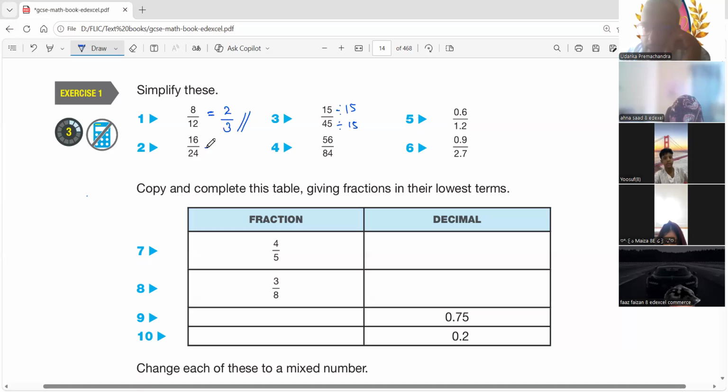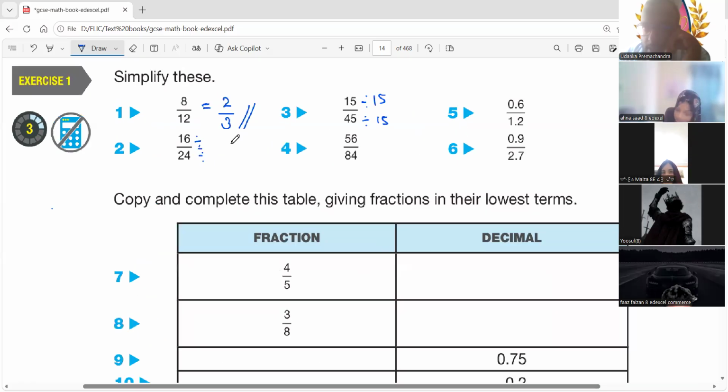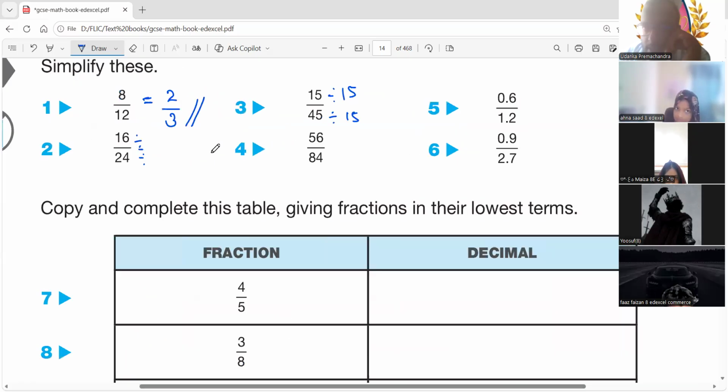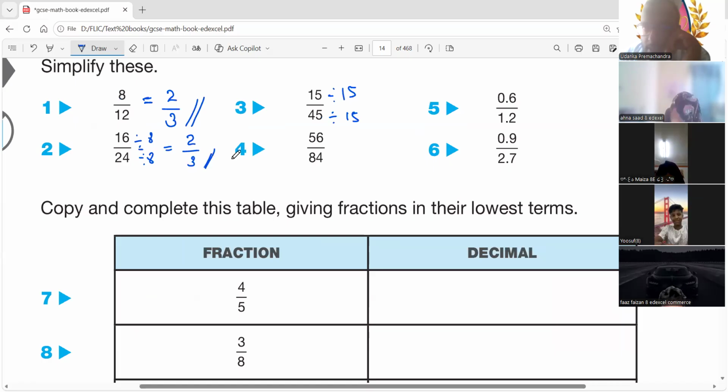Now both can be divided by 8. If you are dividing by 8, what should be there? 16 divided by 8 is 2. 24 divided by 8 is 3. 2 over 3. If you divide by 4, it's 4 over 6, which can again be divided by 2.